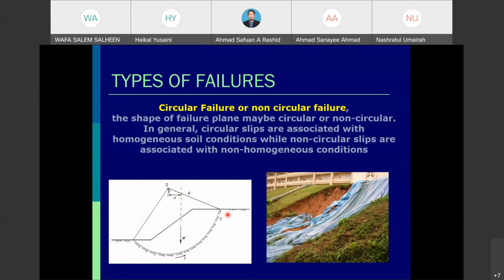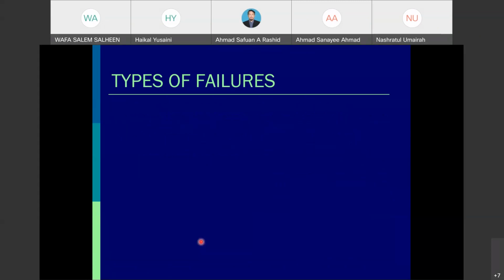This is the type of circular failure. If it has multiple layers, or more than one layer, we can have a non-circular failure. However, the approach is still the same, either the total stress approach or the effective stress approach using the method of slices.